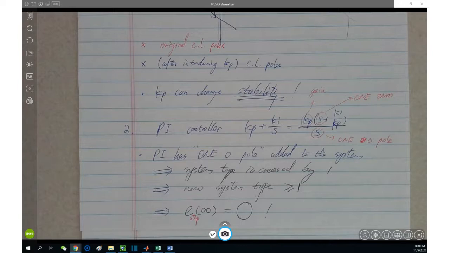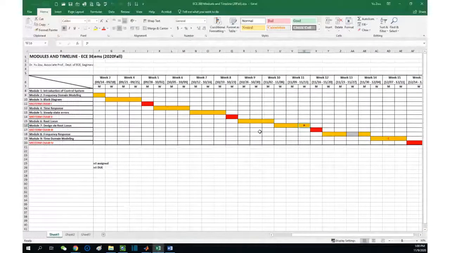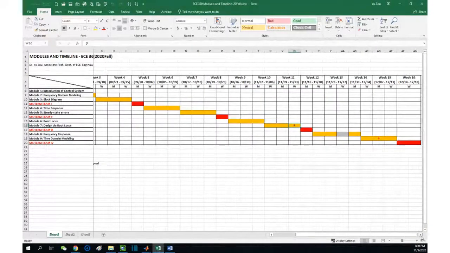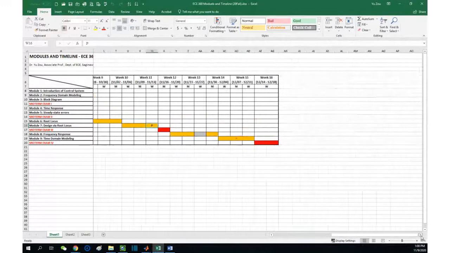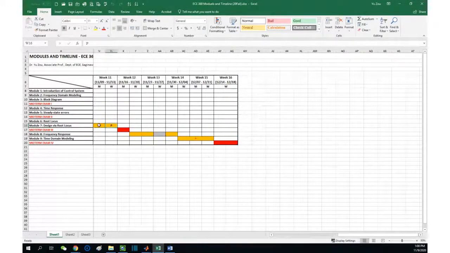Today is our 20th lecture, and according to the Gantt chart, we will keep talking about the design via the Locus. And also today, we're going to do the review for the upcoming midterm 3, which is next Monday. And this Wednesday is also important since we are going to assign the project.